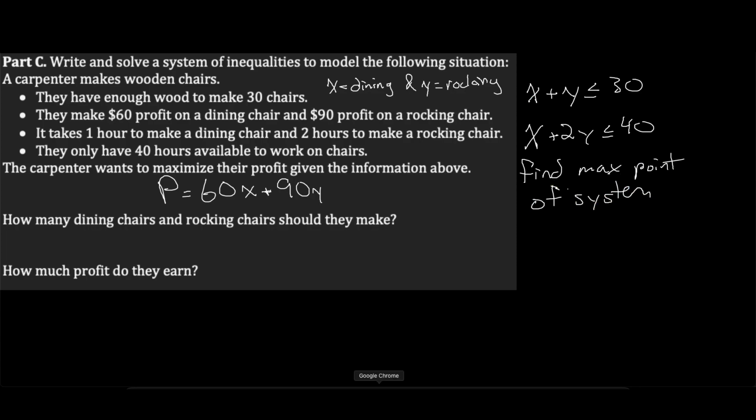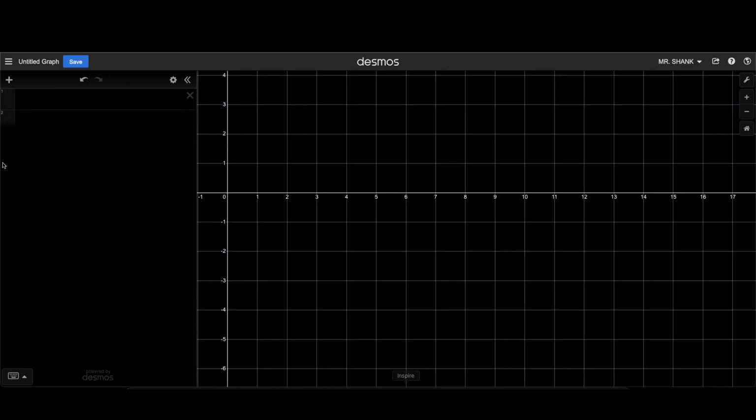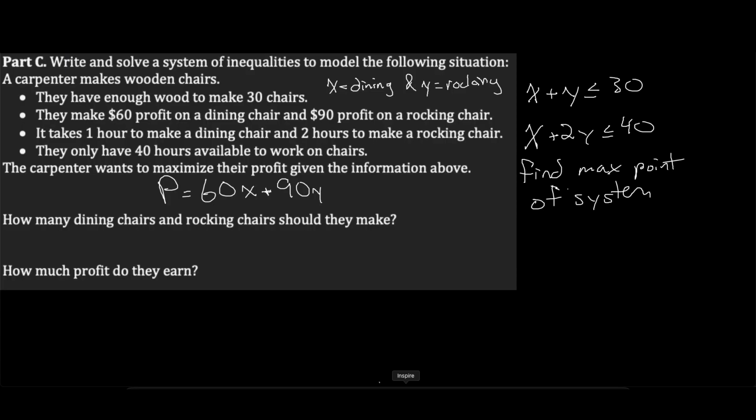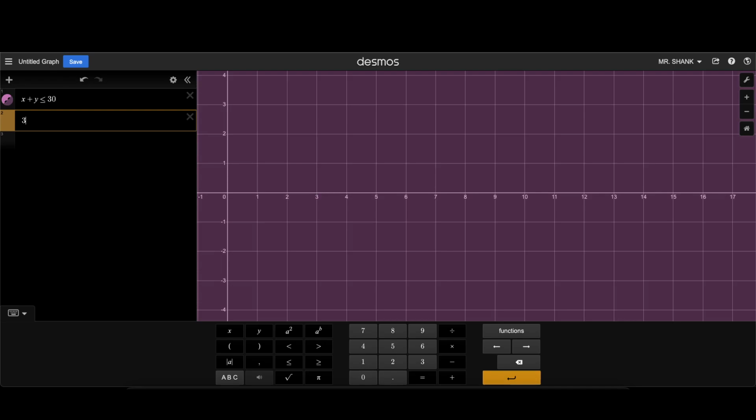So in my graphing calculator, I had x plus y less than or equal to 30, let me double check, yes, 30, and then x plus 2y is less than or equal to 40.